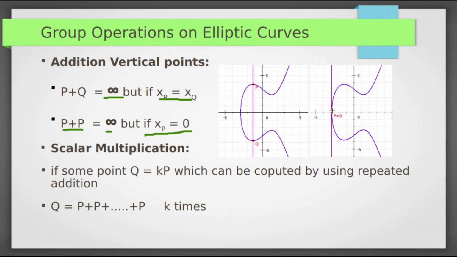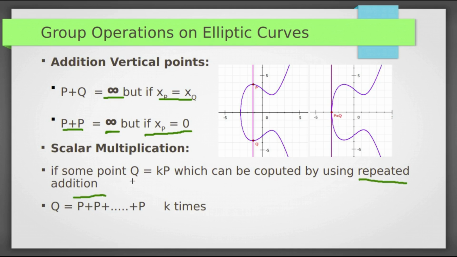This means if you draw the tangent to the curve from this point, it will not intersect the curve anywhere. So the result will be infinity. Scalar point multiplication. The straightforward way of computing a point multiplication is through repeated addition.